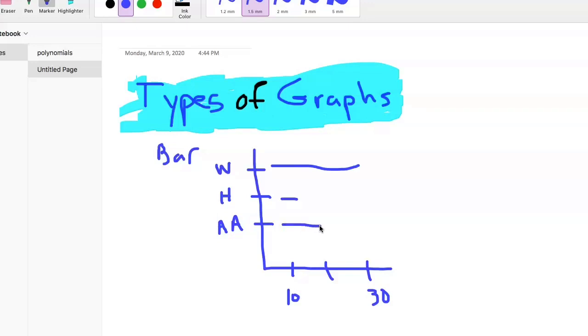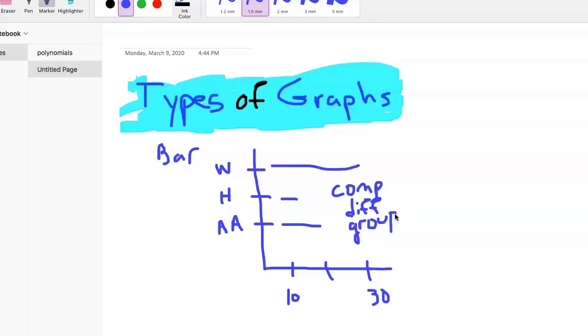Okay, and so you're right. The whole point of a bar graph is to compare different groups. Might even be worth taking a little phone picture of this as I'm writing these out, right?